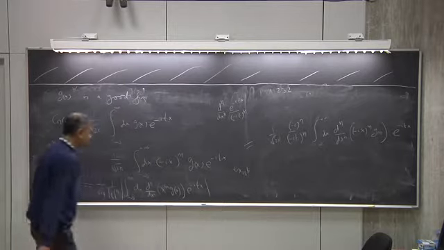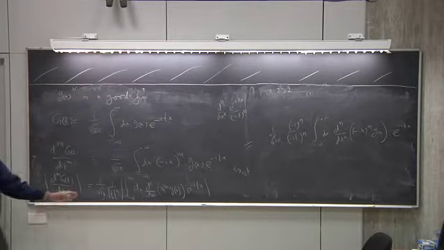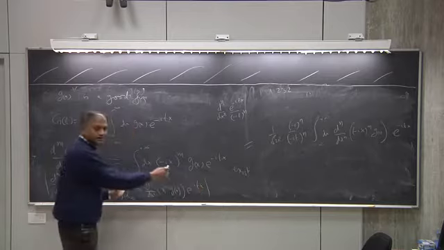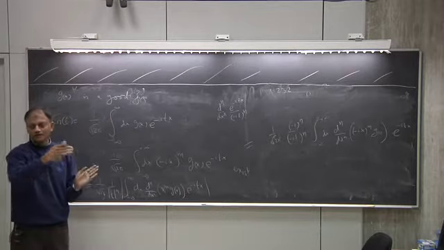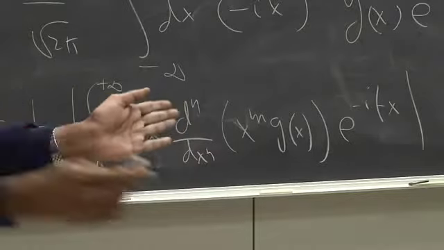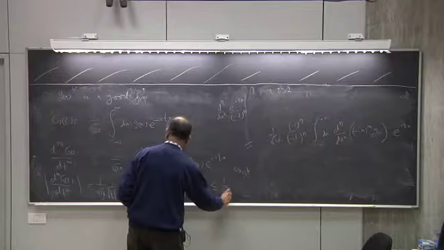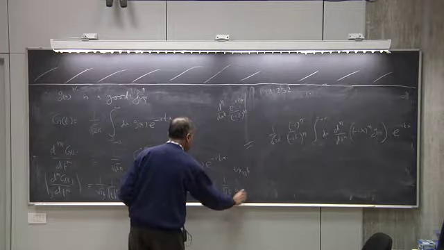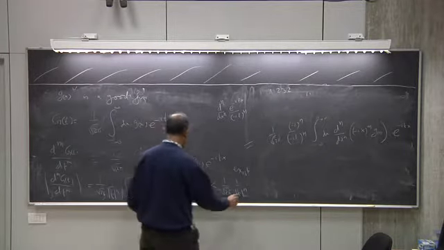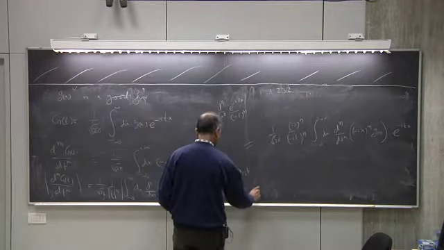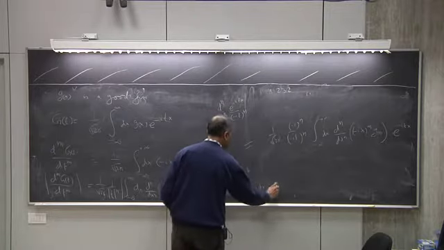Since I am taking the modulus, I can forget about the factors of minus i. Then you use the fact that the modulus of an integral is less than or equal to the integral of the modulus. So this is less than or equal to 1 over root 2 pi times 1 over t to the n times just the integral dx of the modulus of this.